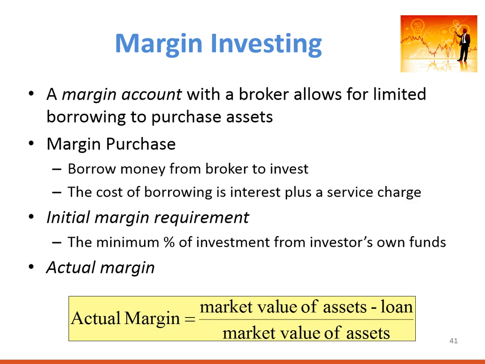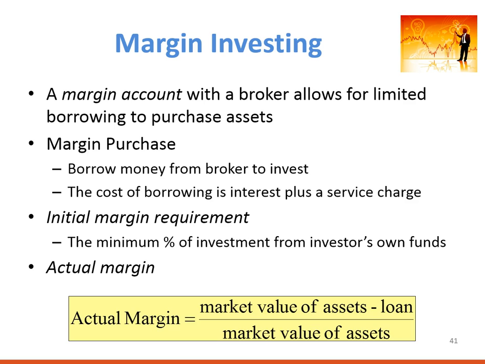So the broker will often say, I'll lend you X amount of dollars to invest, as long as you put up a certain amount of your own capital to also invest within that asset. That percentage of the investor's own capital that they need to put up is known as the initial margin requirement.